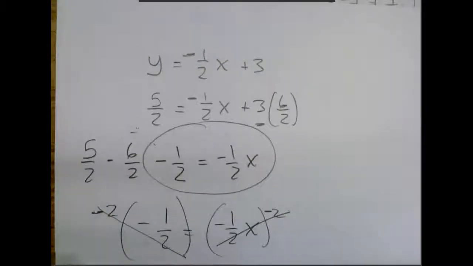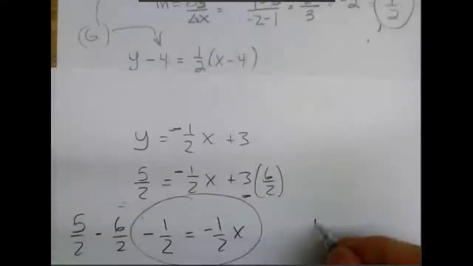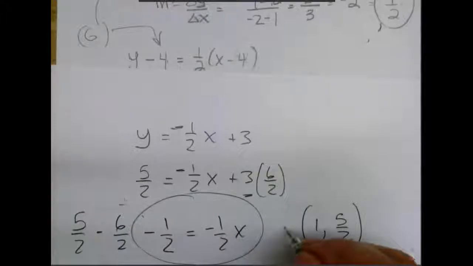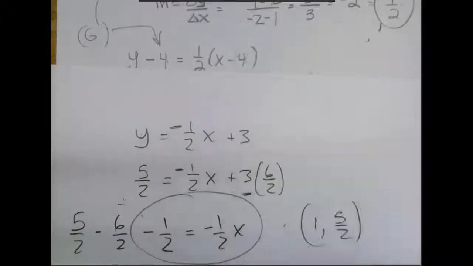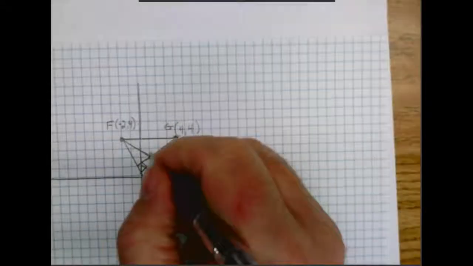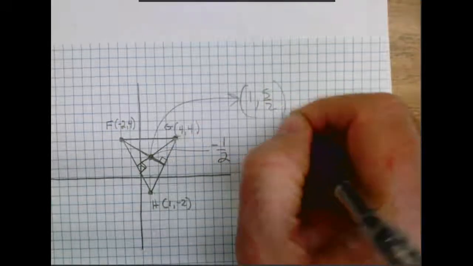So then I can see that they are both the same point. That's perfect. I want (1, 5/2) for my point. That's for the second one. So then I know where my orthocenter is on this thing right here. I know that this point right here is (1, 5/2).